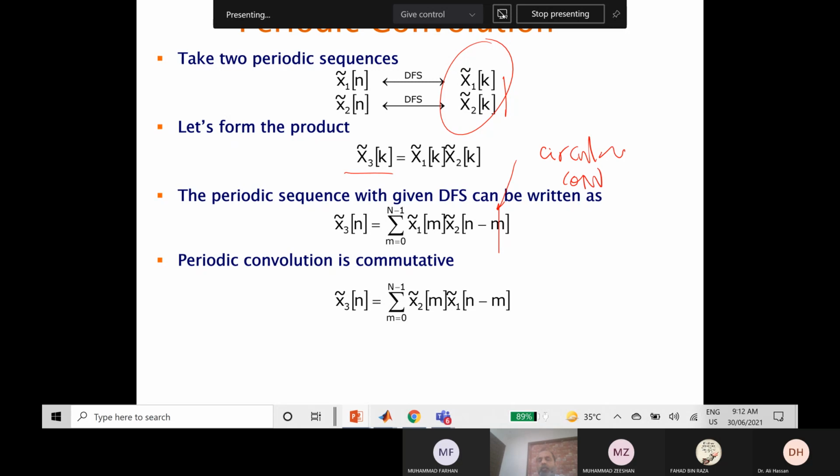So this is the same kind of property, where we say multiplication in time is convolution in frequency, and convolution in time is multiplication in frequency. These are almost the same concept. So if you are doing convolution in time, but it's a circular convolution, it results in multiplication in frequency.